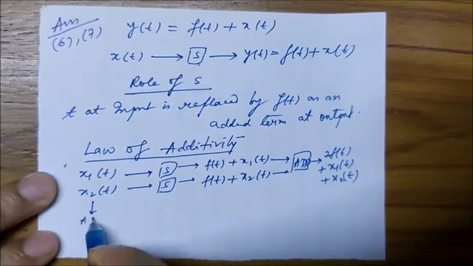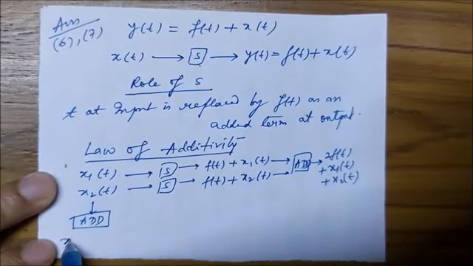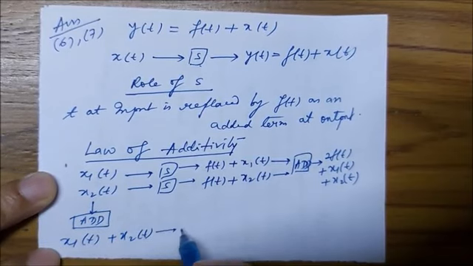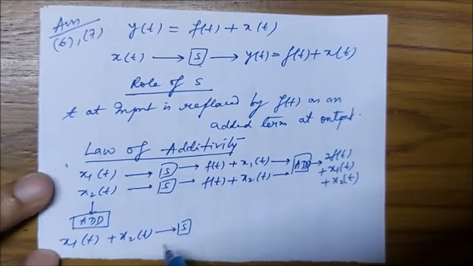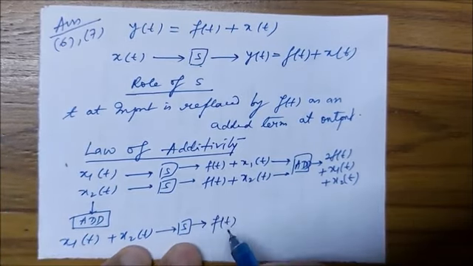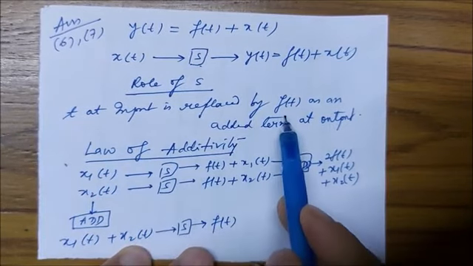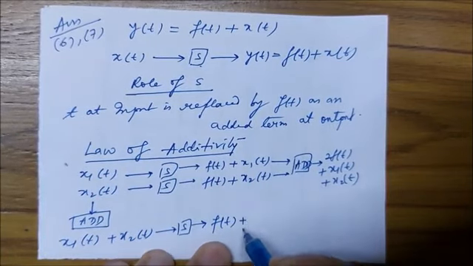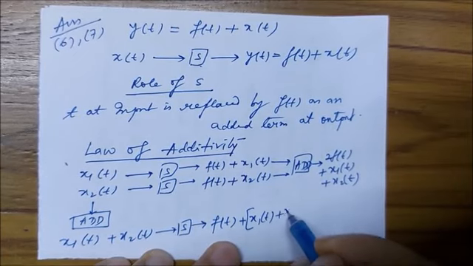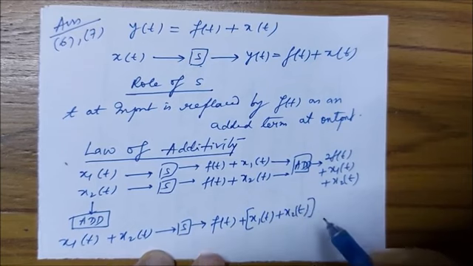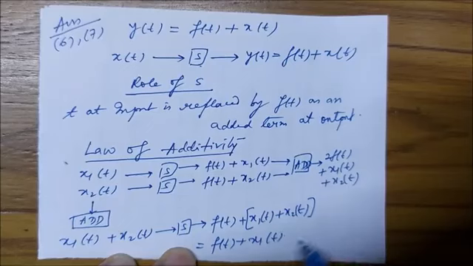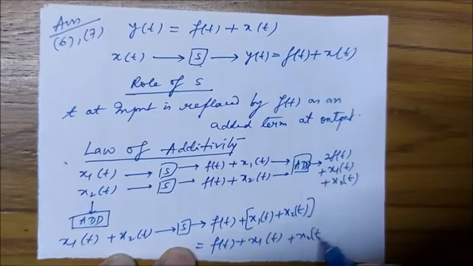Now let us add. And as it passes through the system S, what will the response be? The response will be t replaced by f of t as an added term, so it will be f of t plus x1 of t plus x2 of t.